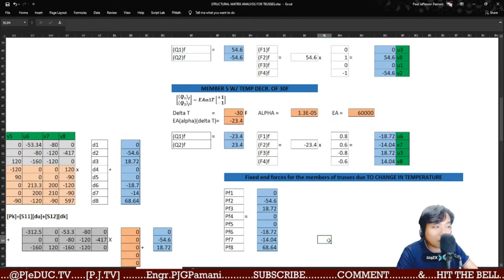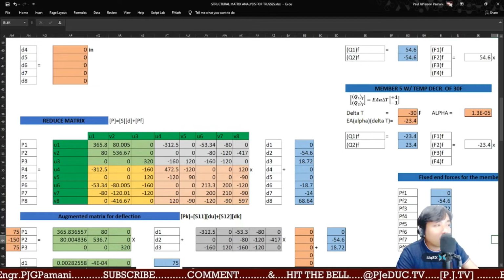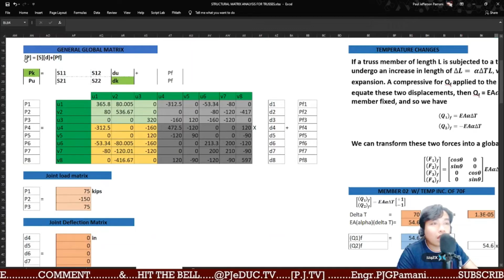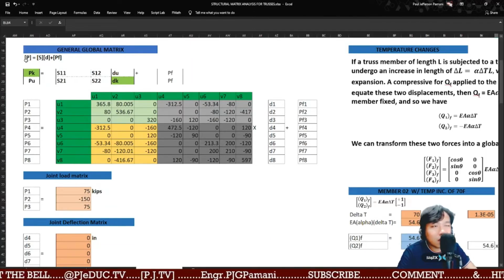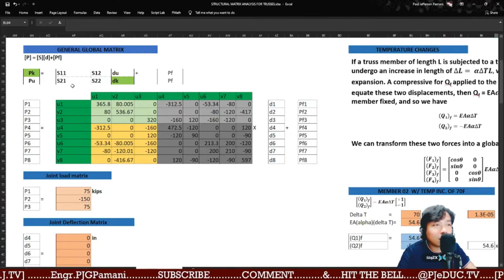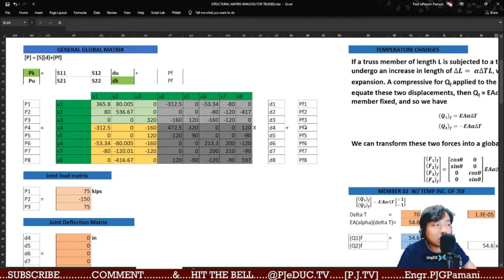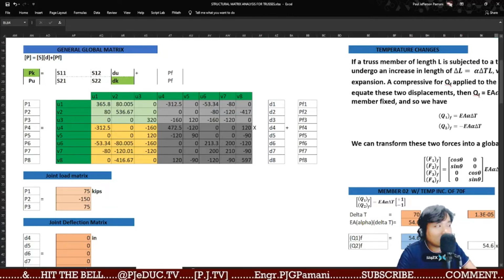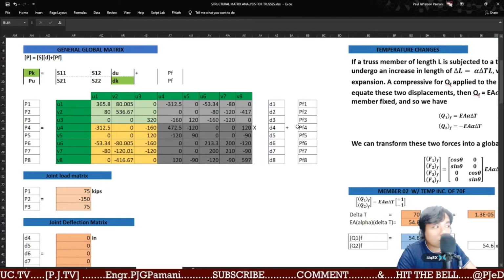in temperature. Now, conceptualize our structure matrix by the unknown forces or the, tawag na dito, reaction forces and the applied forces equal to the structure matrix times the deflection plus the additional forces in our truss system due to the change in temperature. Okay?